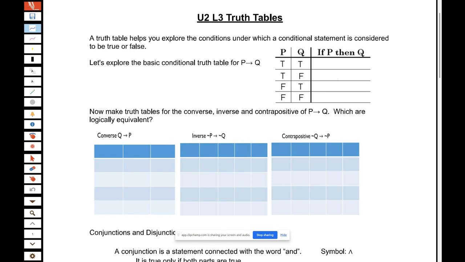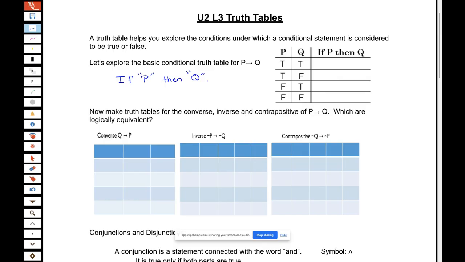So the most basic truth table is the one for the statement P implies Q, or if P, some event, we don't know what P stands for, could be anything, then Q. An if-then conditional statement. All right, so we know that a conditional statement is only able to be proven false if the hypothesis happens and the conclusion does not follow.